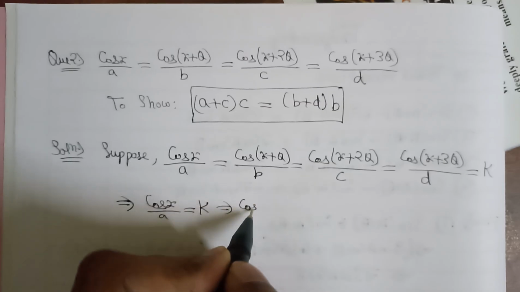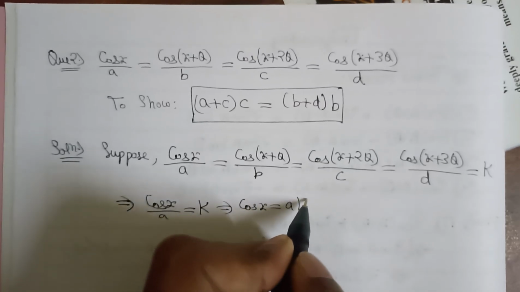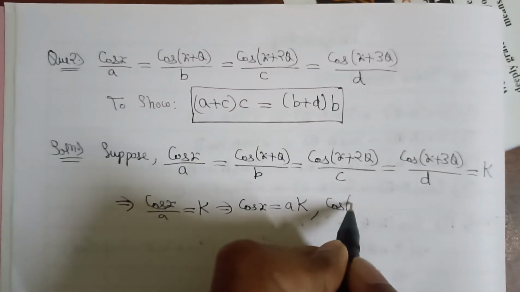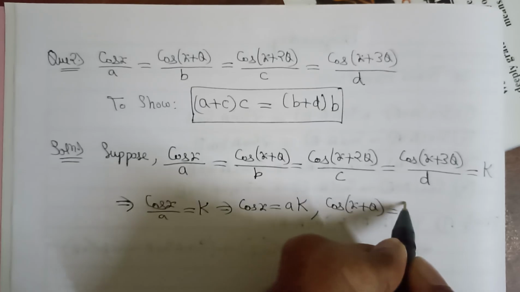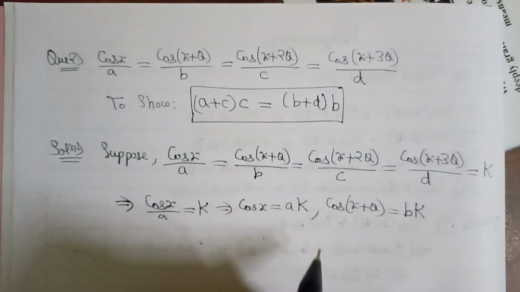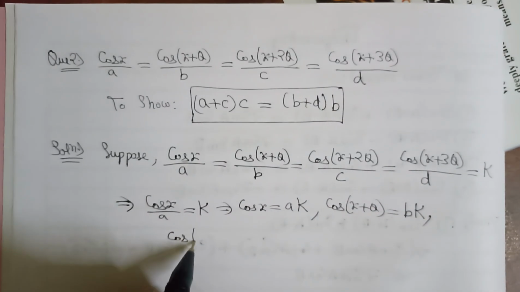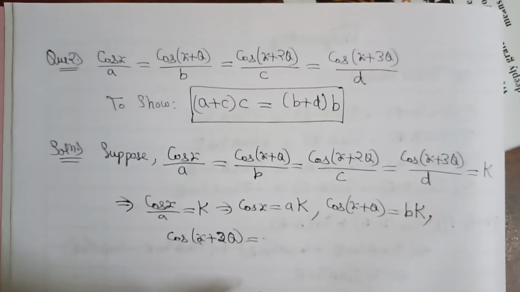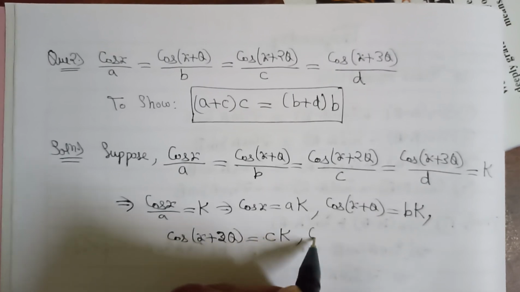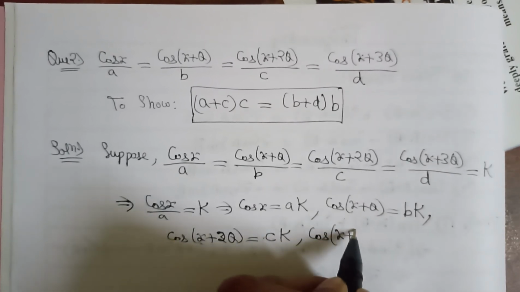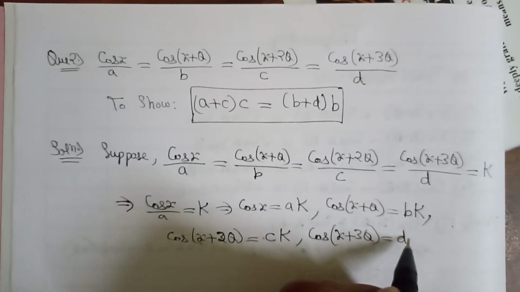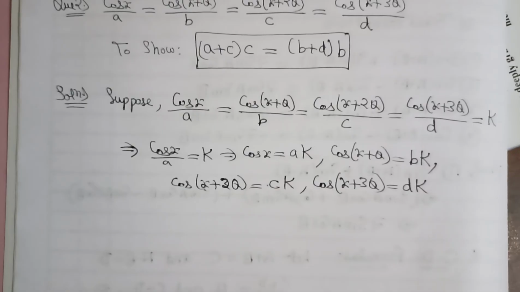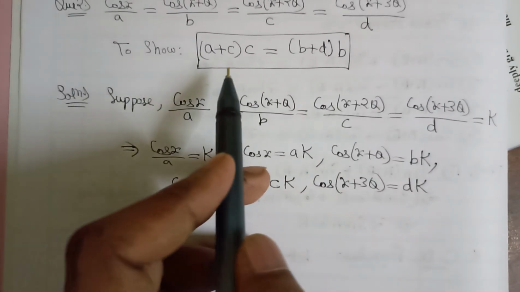This implies cos x equals to ak, and similarly with this cos (x plus theta) will be bk, and cos (x plus 2 theta) will be equal to ck, and cos (x plus 3 theta) will be equal to dk. Okay, so now you need to prove this one.